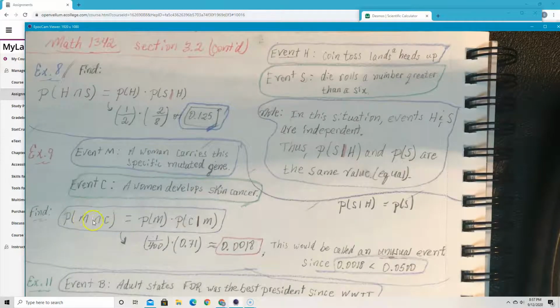Well then, according to our definition of the probability of an event and a second event, that's equal to the probability of the first event, which is 1 out of 400, times the probability of the second event, developing skin cancer, given that we know this first event occurred, mutated. The woman has the mutated gene.